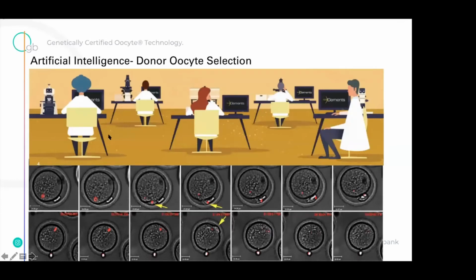This is basically how an oocyte looks under the time-lapse. It even shows possible damage on the polar body, the Zona Pellucida and the cytoplasm. Even if we work with different embryologists, each embryologist's data goes to the main computer, we collect it there, and the final decision is made by the artificial intelligence.